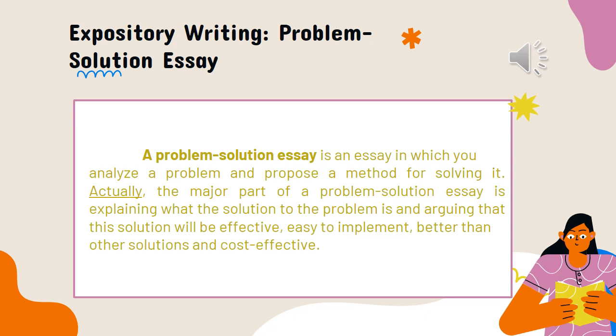Actually, the major part of a problem solution essay is explaining what the solution to the problem is and arguing that this solution will be effective and easy to implement and better than other solutions and cost effective. So it's like we're stating our problem and we're arguing that this is the best solution for this problem.